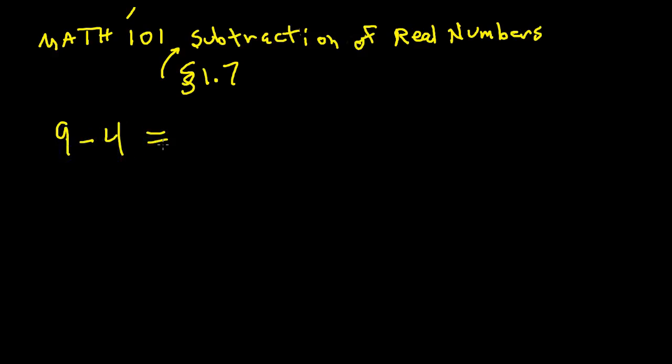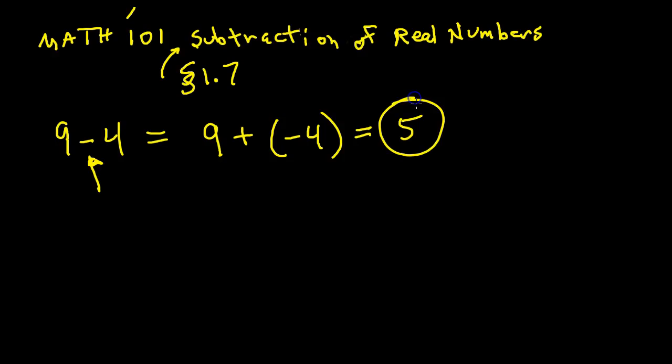Our textbook does something like this, at least in the beginning, a little more formally than we might be used to. They say when you're subtracting a number from another, it's equivalent to adding the opposite. So we can say 9 minus 4 is equivalent to 9 plus negative 4, which of course is 5, right?